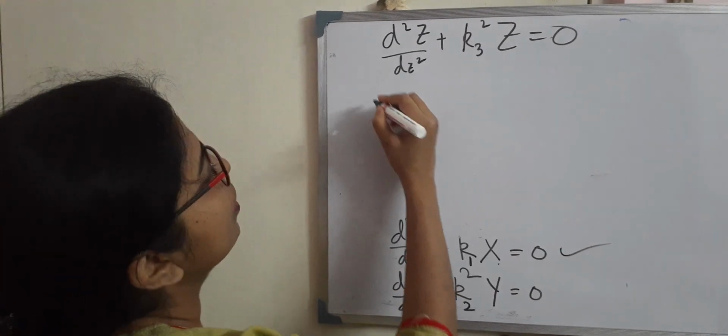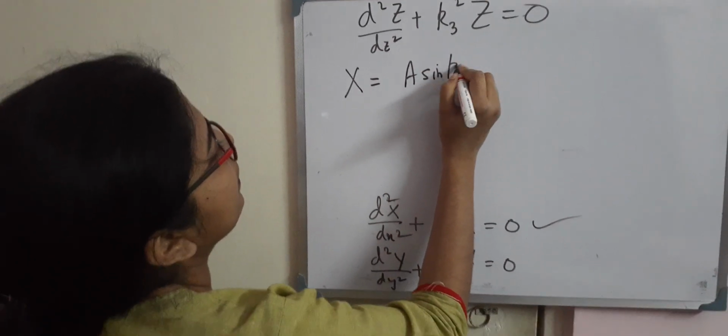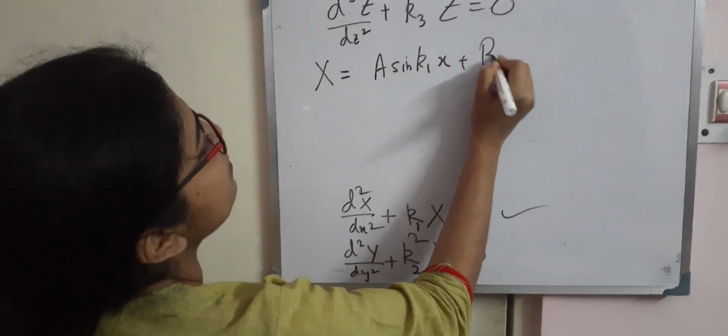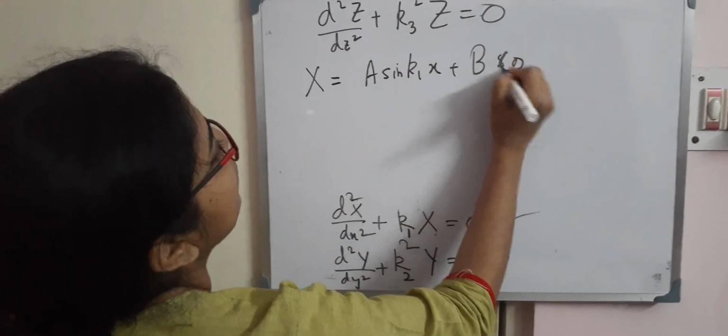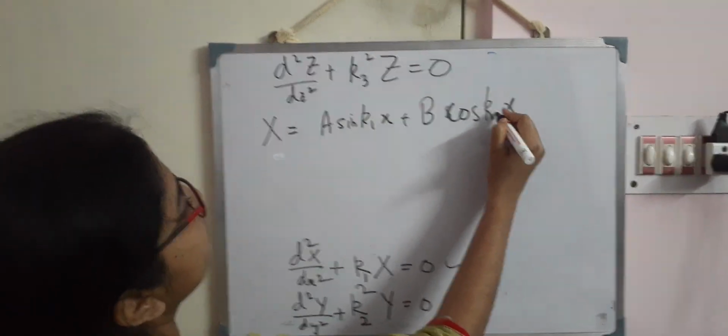So this solution, we know, looks like X equals a sin k1x plus b cos k1x.